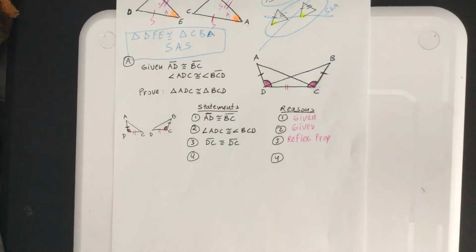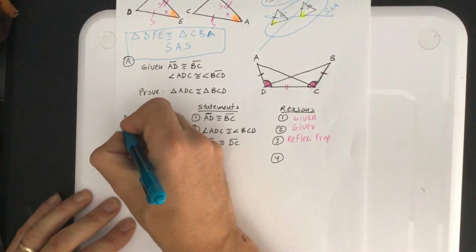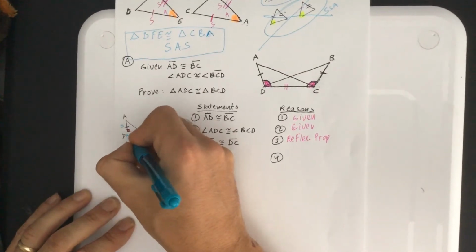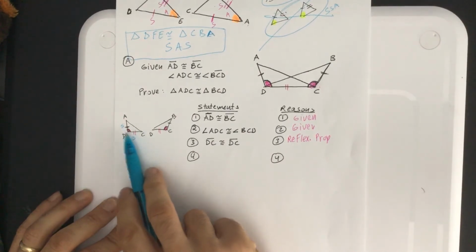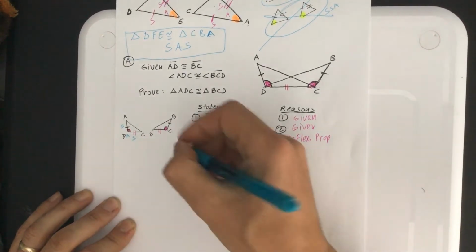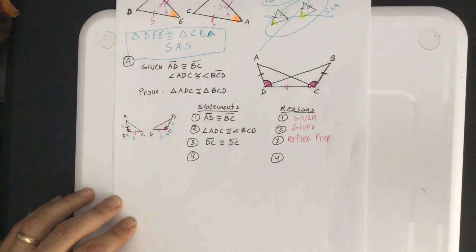And then the last statement is gonna be what you're trying to prove. I think I have all the information already. If you look at it, we got side, we got the angle, and we got the side. And the angle is included, it's in between the two sides. The same thing here: side, angle, and side.